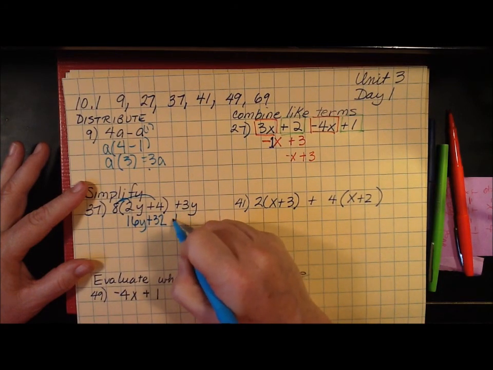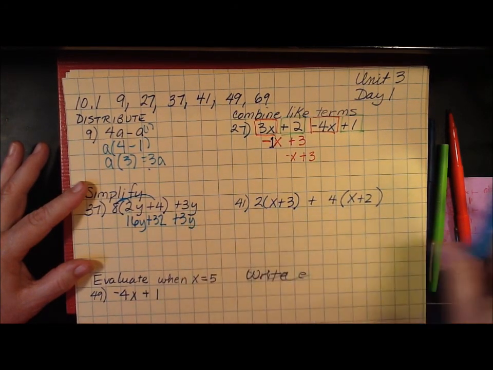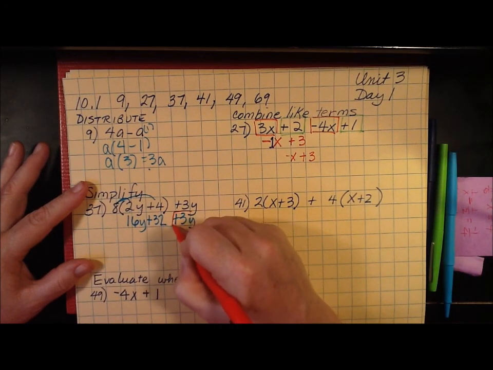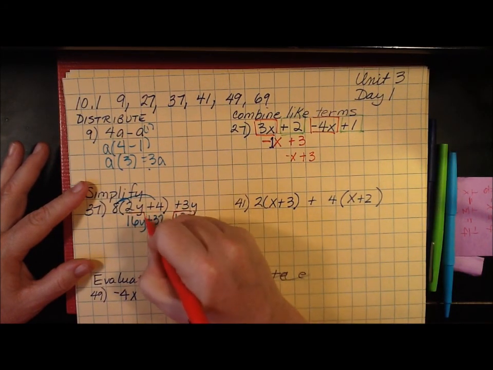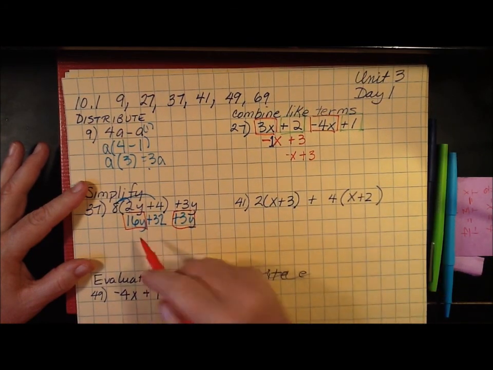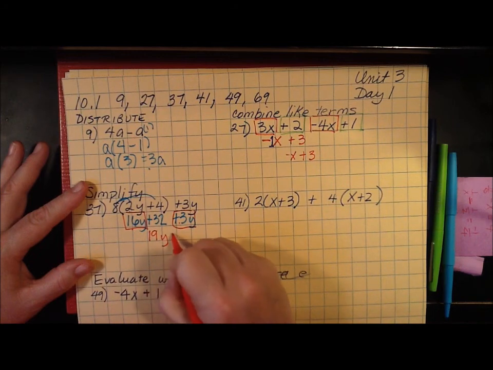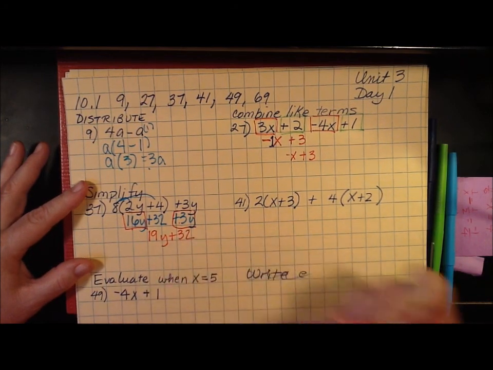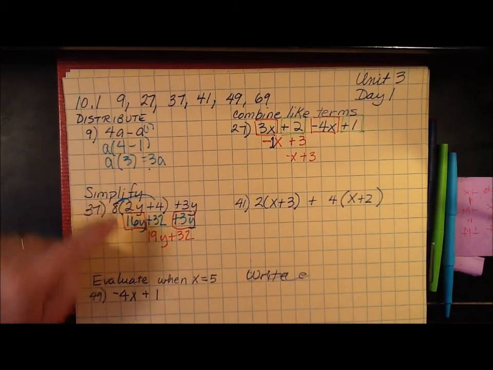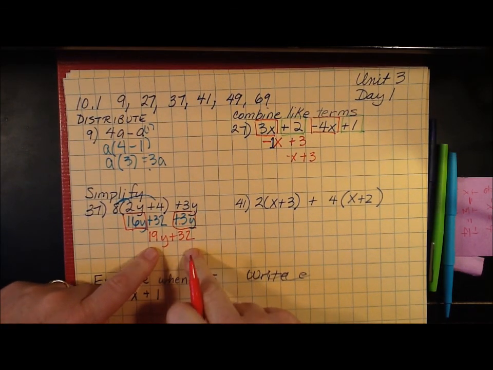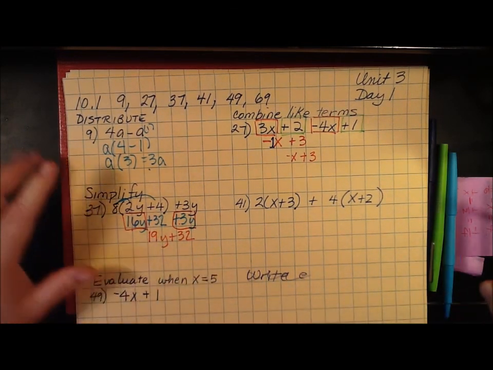And then this just comes down, plus 3y. Now I'm going to look for things that match, and I have a 3y here and a 16y here. 16 plus 3 is 19y plus 32. And that is this simplified. And again, there's no equal sign, it's still just an expression.